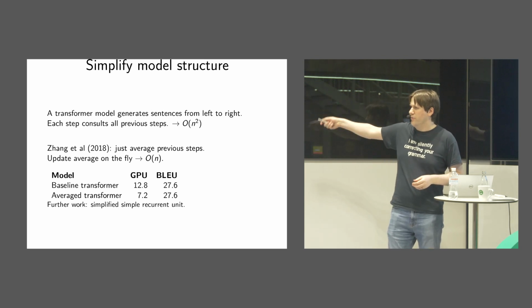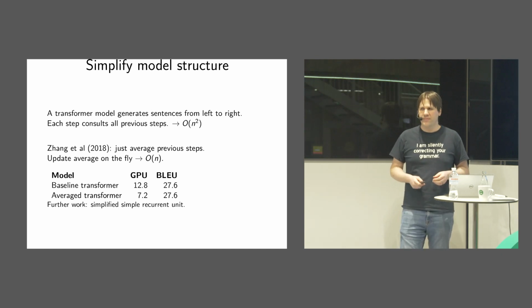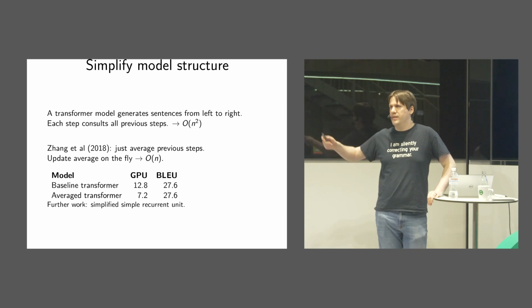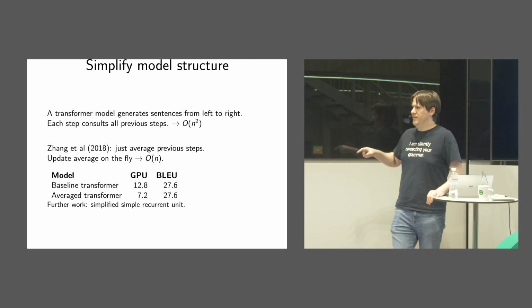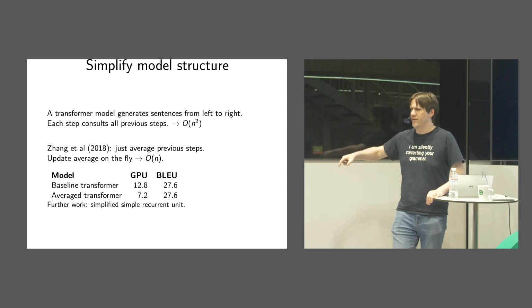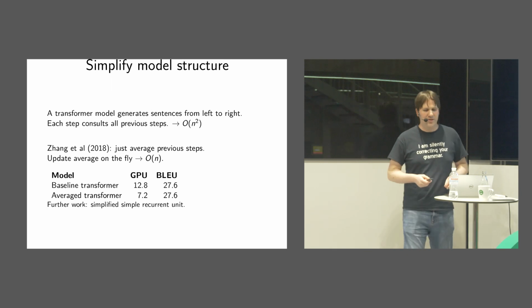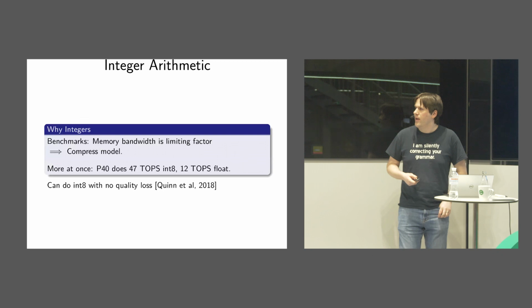You can see no change in quality, but it goes a lot faster on the GPU, to fewer seconds. And actually in the 2019 submission, we went even further, and there was the simple recurrent unit, and then someone simplified it more, so it became the simplified simple recurrent unit, the SSRU, which we ran in the 2019 submission, but I'm not going to cover that.